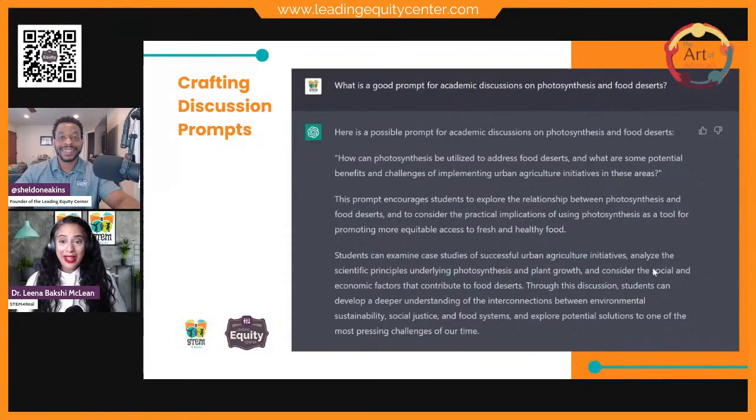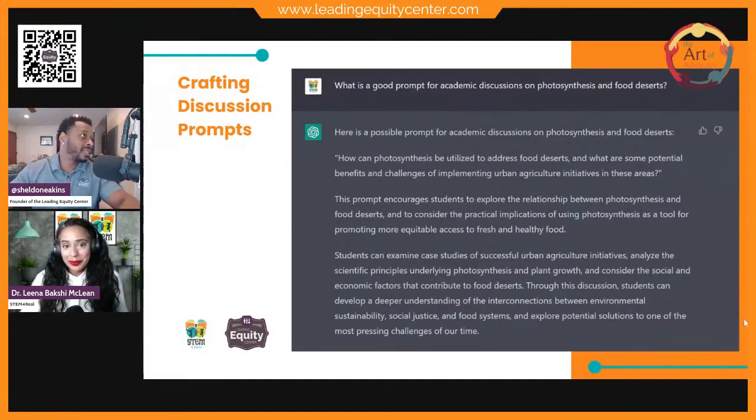Wow, so now we have this prompt that's going to talk about urban agriculture initiatives, and students can use everything that they've learned about photosynthesis to support their claims using evidence, etc. And you'll see later that we'll be able to use ChatGPT for more as we dig into this.